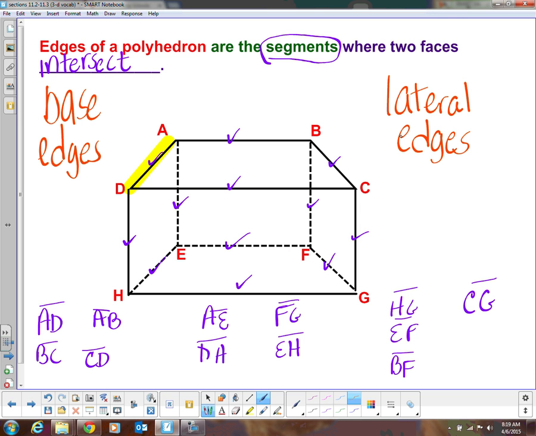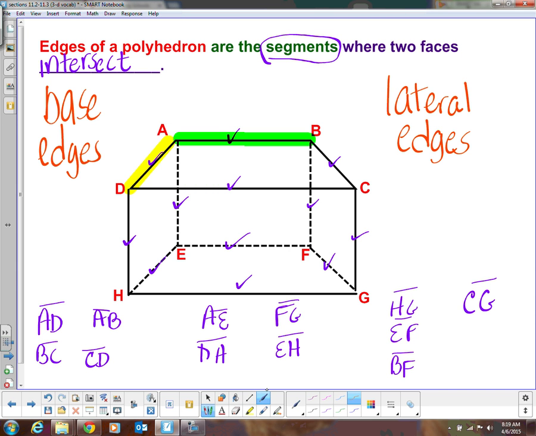Remember, two plane figures, two flat surfaces, intersect to give you an edge. So if it involves a base, like AB is the intersection of the top base with the back side, that would be considered a base edge.